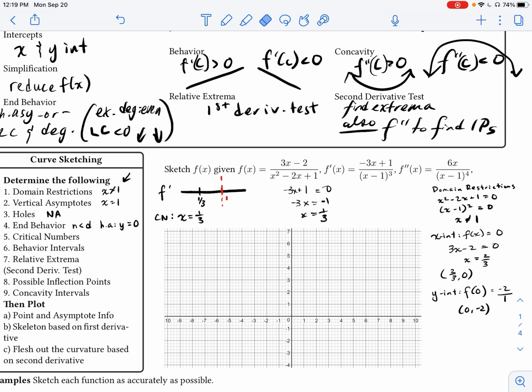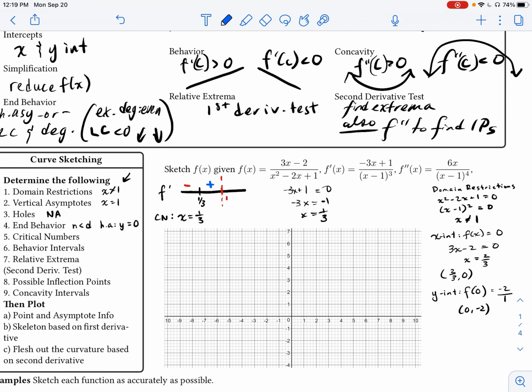Let's test the sign of our derivative in these intervals. If I choose a number that's less than 1/3, such as 0, I would get positive 1 over a negative 1, so this is going to be negative here. If I try plugging in something between 1/3 and 1, and again, I don't care about the exact value, I just care whether it's positive or negative, like 2/3, I'm going to get a negative over a negative, so this is going to be positive here.